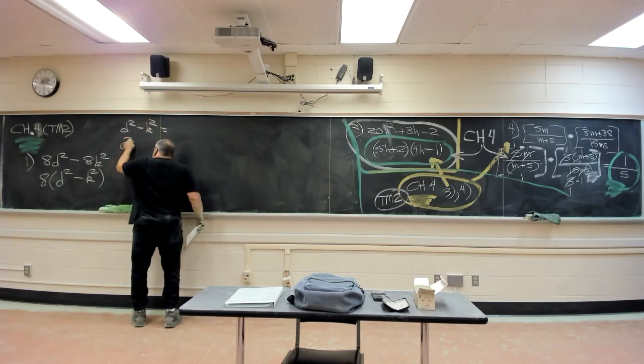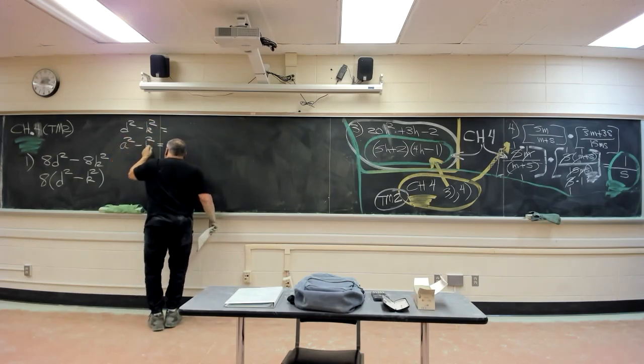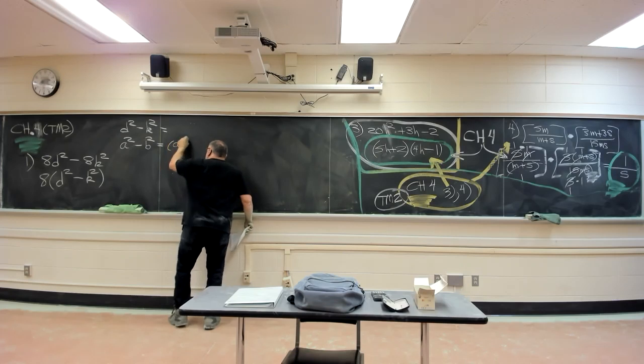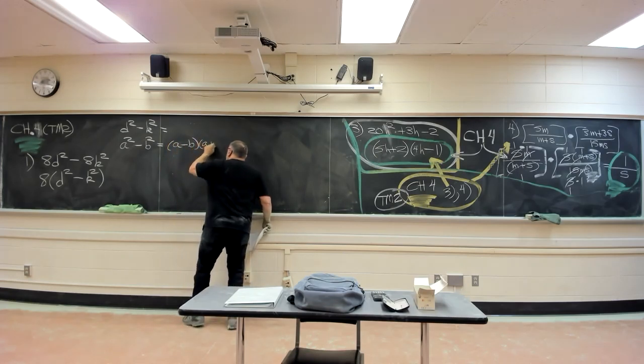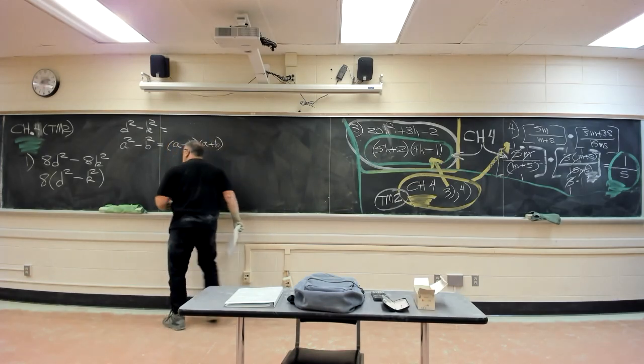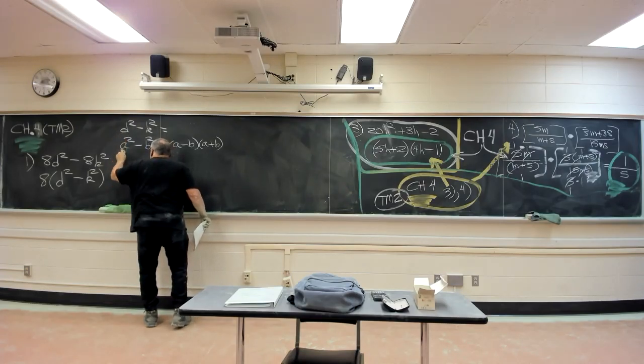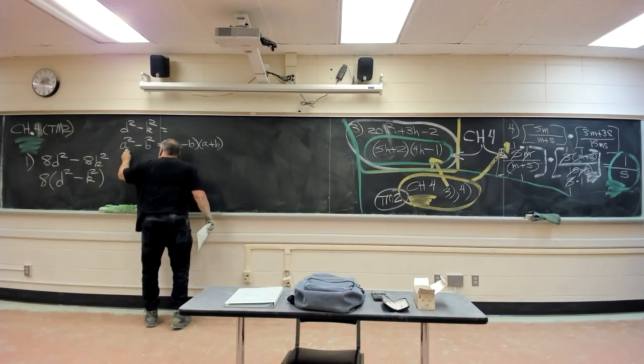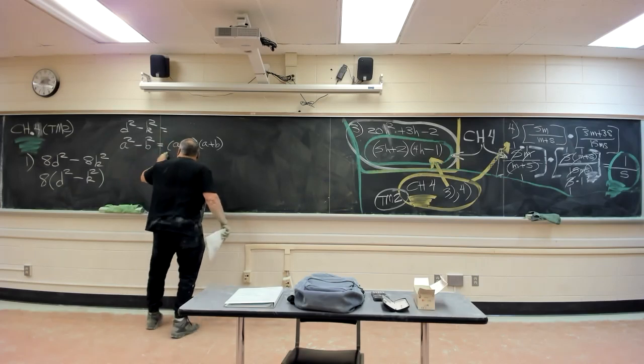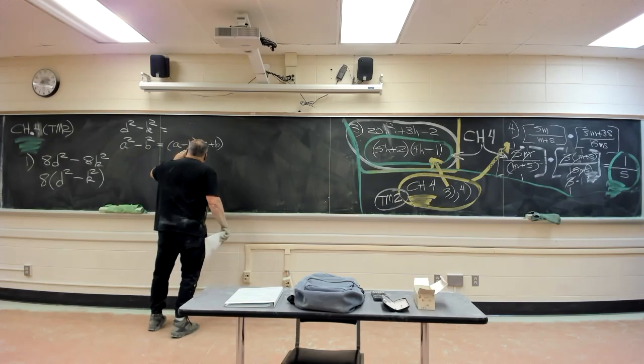You guys remember the a squared minus b squared that we talked about some time ago? That's the quantity a minus b times the quantity a plus b. Use the same argument here. The d is the a, the k is the b. A difference of two squares, a squared minus b squared, factors to the quantity a minus b times the quantity a plus b.